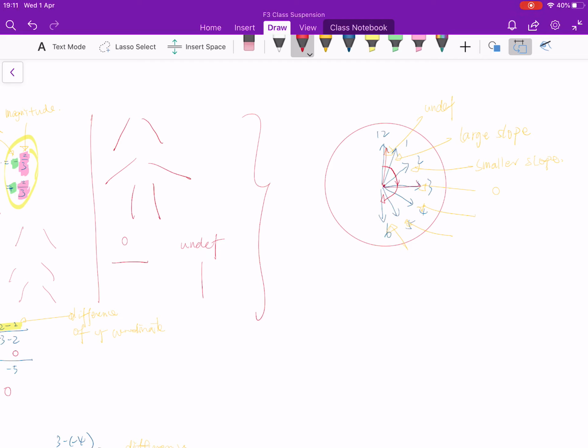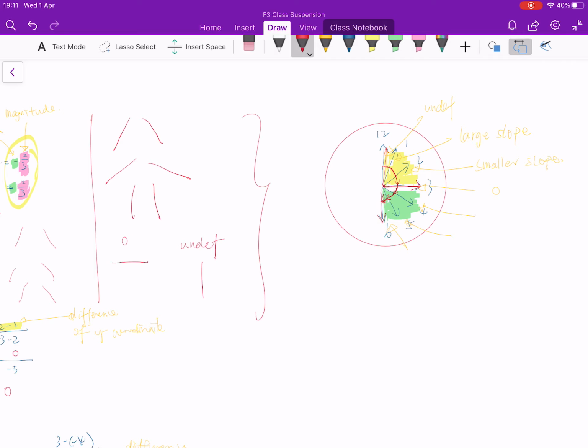Up to here, when it points to 3, it is 0 slope. So the first part is the area for positive slope, and when it moves to 3, it is 0. From positive to 0, it keeps decreasing in the first quarter. Then from 3 to 6, the second quarter, is the quarter for negative slope. It keeps decreasing from 0 to a very negative number, even more negative, and finally at 6 it goes back to undefined.